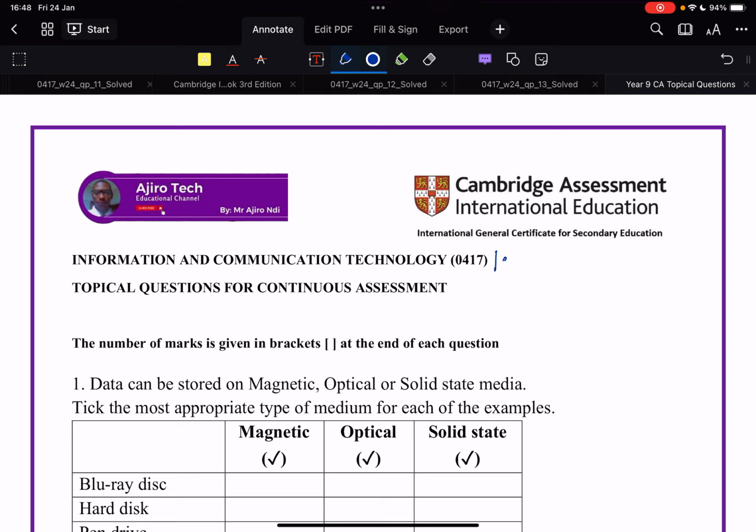IGCSE ICT 0417 slash 0983. Okay, so we're doing ICT, and this is a little bit different because we're looking at topical questions, for chapter 3 and chapter 4.